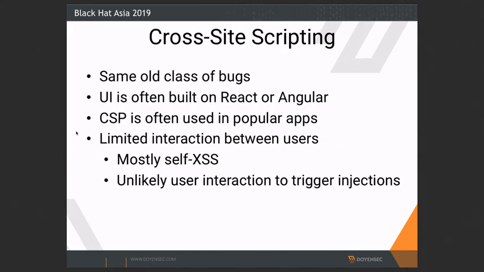Several apps use CSP as well. So it's becoming more complicated than it seems to actually obtain JavaScript execution. We talked about limited interaction. Also in the context of cross-site scripting, it's often something that can be triggered by the user itself, which makes it not very useful as an exploitation vector.